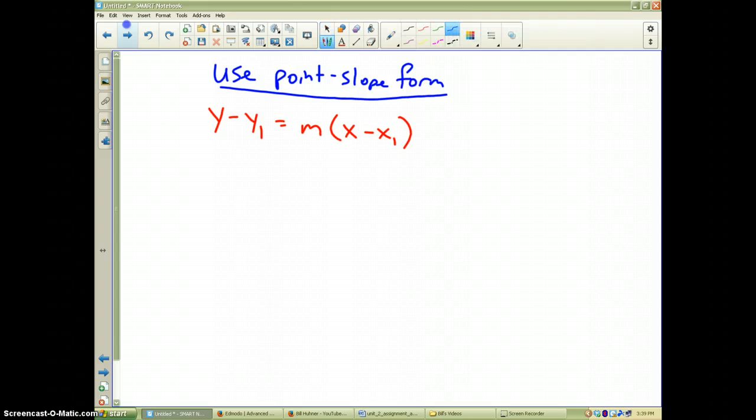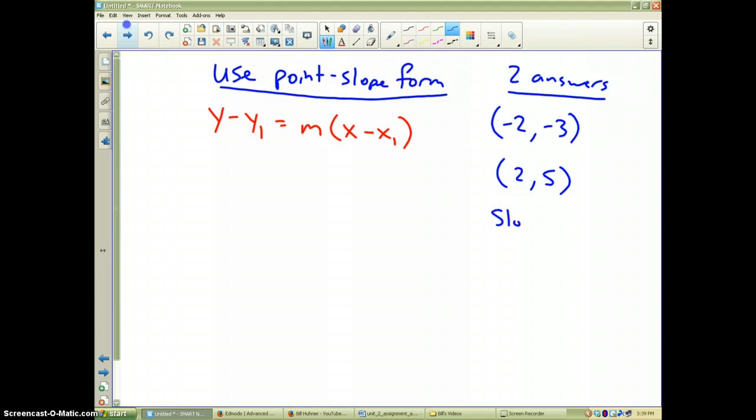Now again, our two coordinates, I'm going to write them down over here that I gave you, was -2, -3, and 2, 5. These are two of the answers to the problem. We also calculated our slope to be 2.